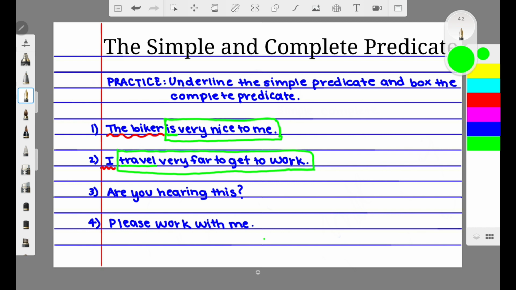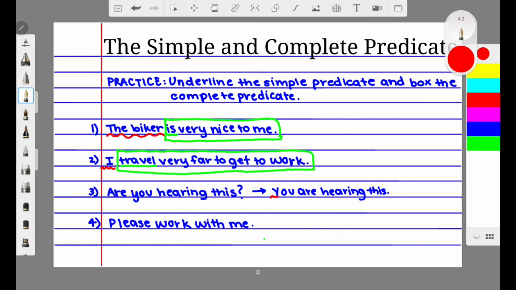Number 3 is a question. So we are going to, again, reword the question into a sentence. This is a nice little trick to make it a little bit easier to identify the parts of a sentence.